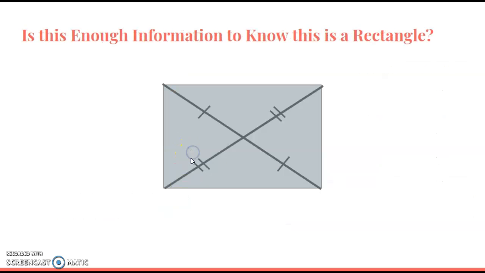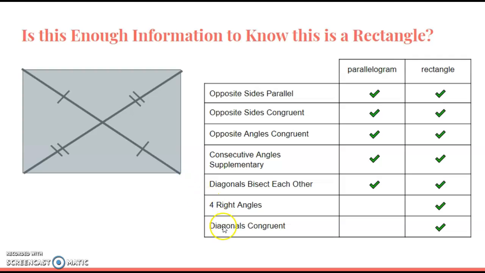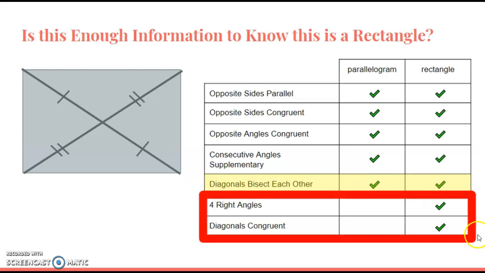Then let's see, what about this one? Is this enough information to know that this is a rectangle? Well, let's bring up that chart again and ask ourselves a question. What do I know about it? Well, the diagonals are drawn in, and it looks like the diagonals bisect each other. Now, this is a property of parallelograms and a property of rectangles. But I don't have one of these new properties of a rectangle.